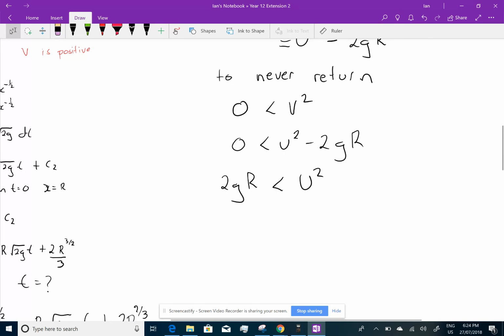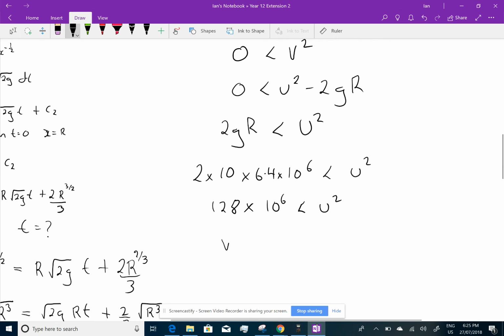Now, we know g, 2 times 10. We know r, 6.4 times 10 to the power of 6. So u squared has got to be greater than that to get out, which is 128 times 10 to the power of 6.